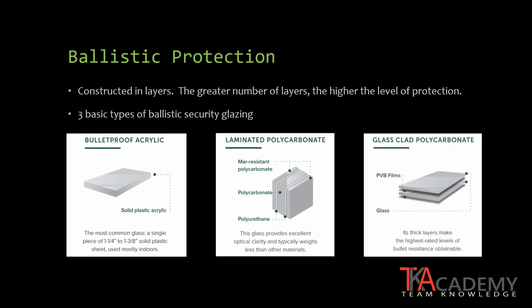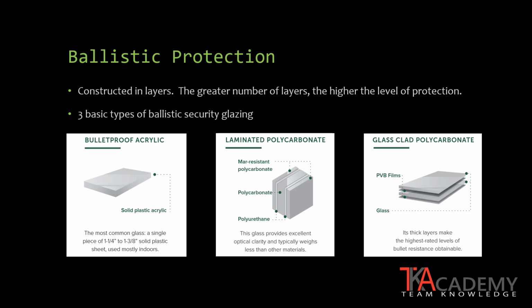Bulletproof acrylic is just a single layer of solid plastic acrylic. It is the most common type, but its panels are usually between 1 to 1.5 inches thick, and they have low optical clarity. Laminated polycarbonate includes polycarbonate and polyurethane in alternating layers. This type provides excellent optical clarity and weighs less than other material systems.